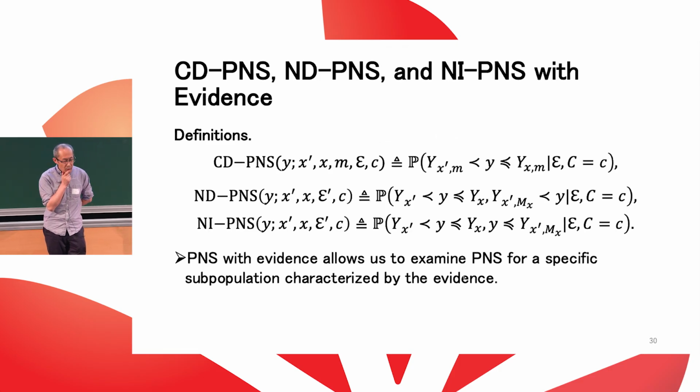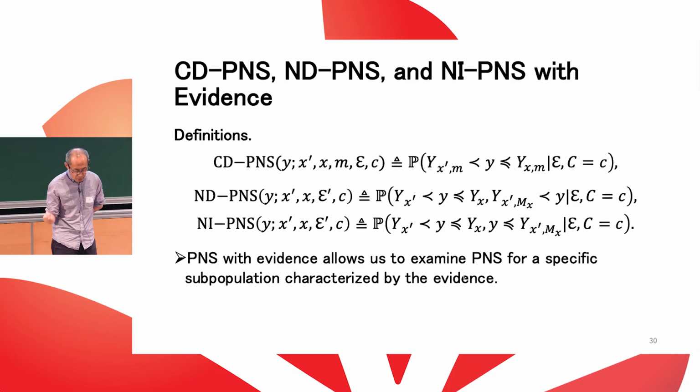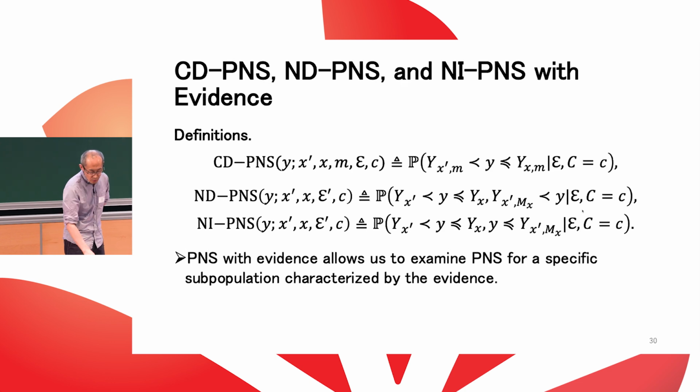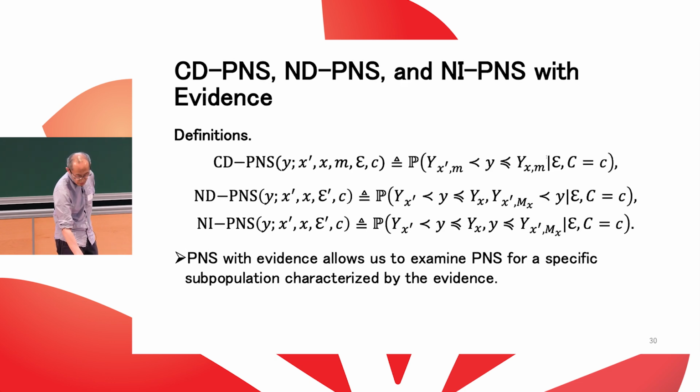And finally, we could further extend these definitions to capture other complex scenarios. For example, we can define those quantities conditioned on certain evidence. Again, those are more refined quantities. You're saying you want to know this PNS for a certain subpopulation, characterized by some evidence.